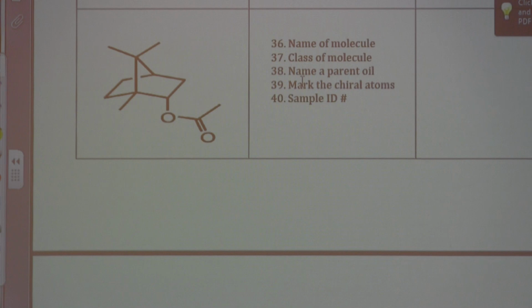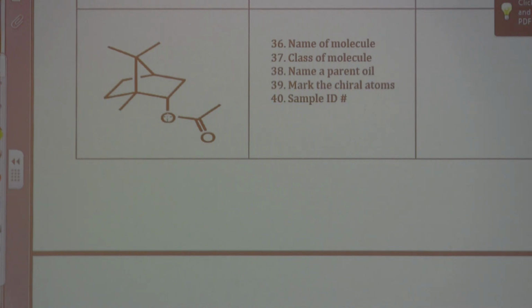Chiral atoms. How many are there? How many? 3. Yeah. Right? There's an inherent asymmetry to this molecule because of this group.